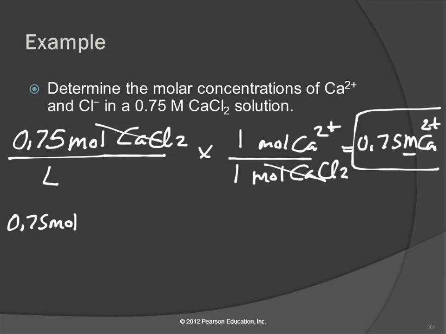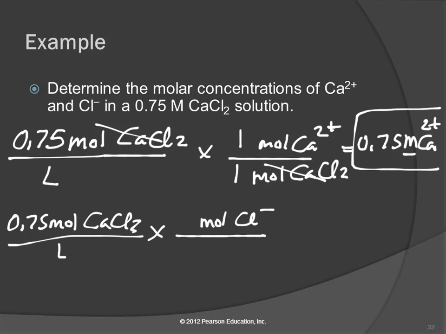0.75 moles of calcium chloride per liter. Now we want to find out how many moles of chloride ions are in that same liter. So we'll multiply by moles of chloride, divide by moles of calcium chloride. How many moles of chloride per mole of calcium chloride? 2.